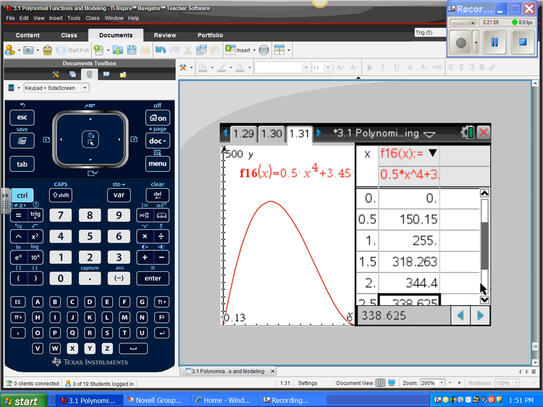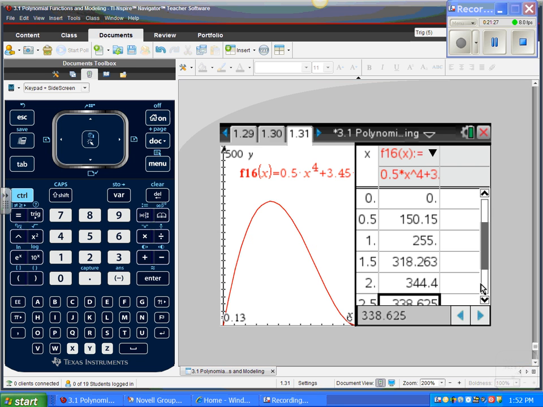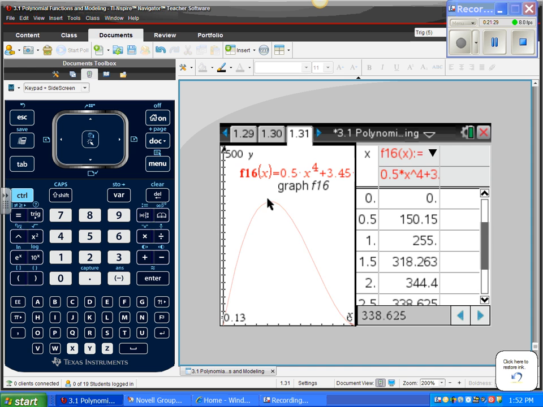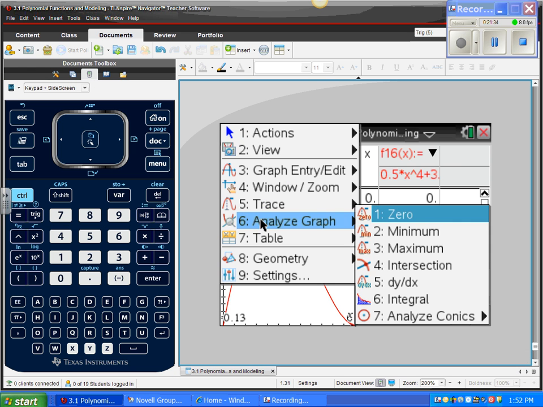With our restricted domain, for our problem, we're talking 0 to 6 for our domain. Okay, so restricted domain because of the constraints of the problem, 0 to 6. Now the range, we want to know how high this value is going, and I know that my range is going to start at 0. So I need to know what that maximum value is. So I'm going to hit Menu, Analyze Maximum.